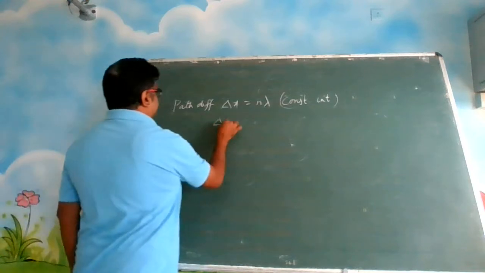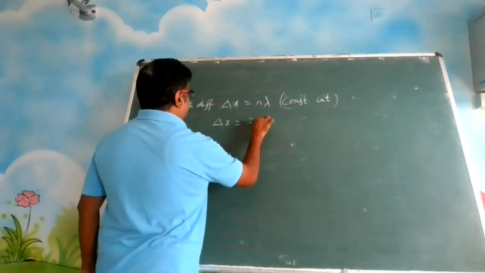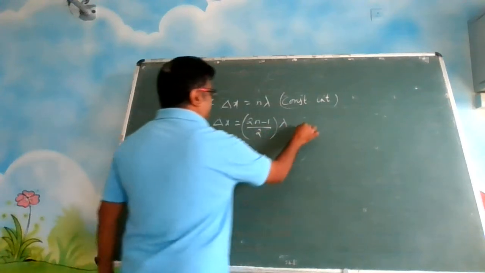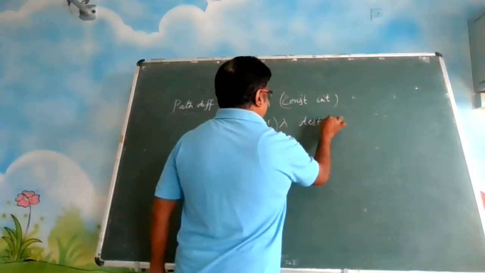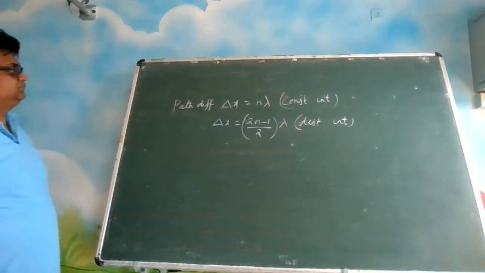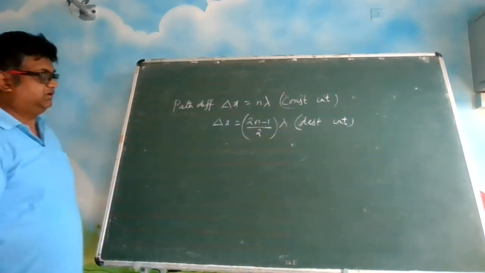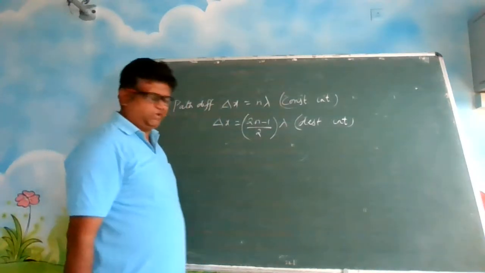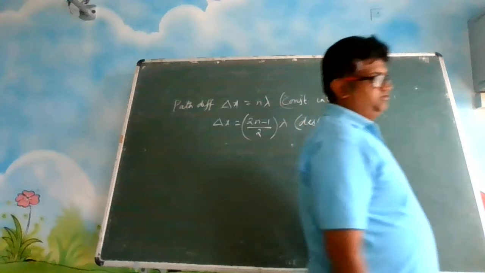And delta x is 2n minus 1 by 2 into lambda. It is destructive interference. These two are very useful. You should understand that. This is the path difference. Path difference is denoted by delta x.